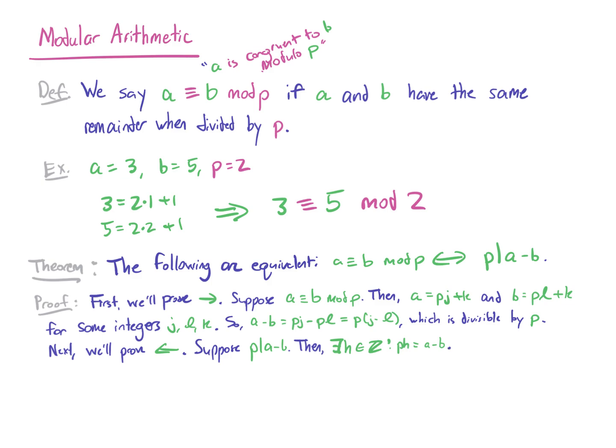So now let k be the remainder of the integer a by p. Then, by definition, it must be the case that a equals p times j plus k for some j.